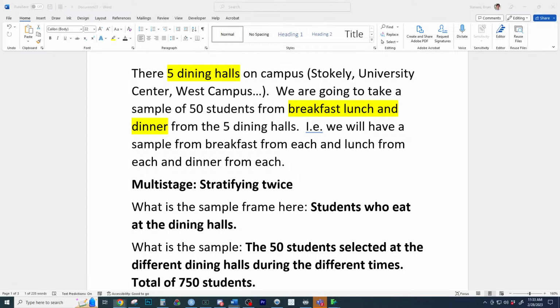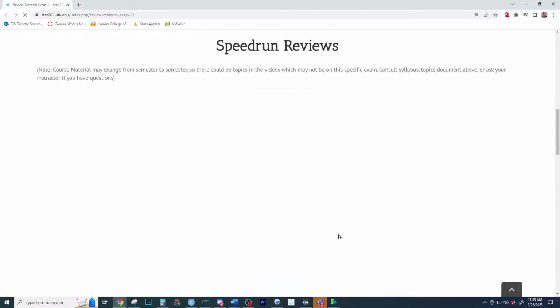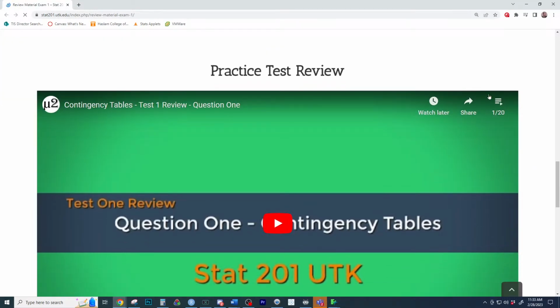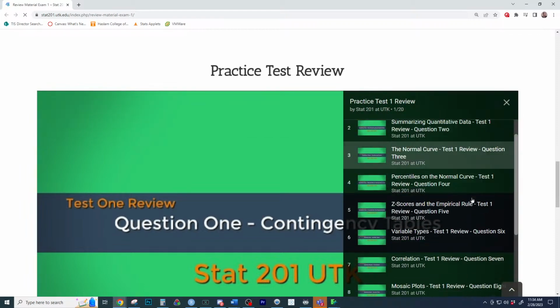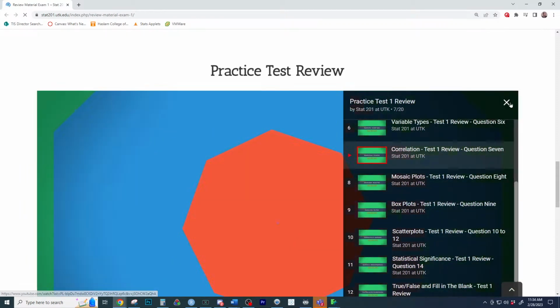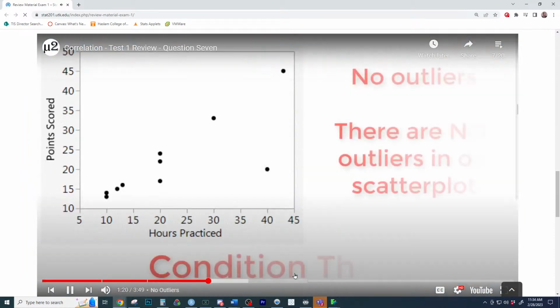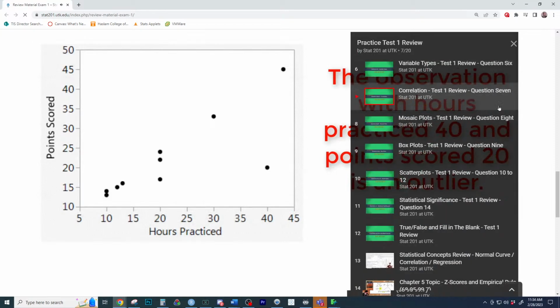There is just one practice test. I think maybe I heard that the SI leaders might have some, but we've got here, there we go. The practice test review has all this right here. Like I said, people are not checking out the correlation review, where we go over one outlier circled in my plot.